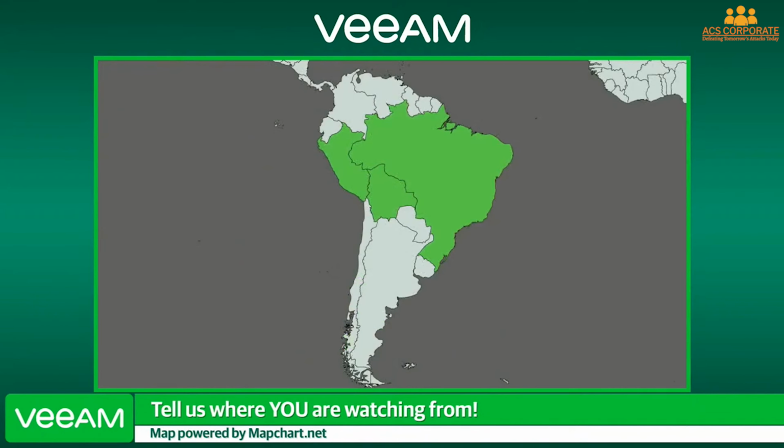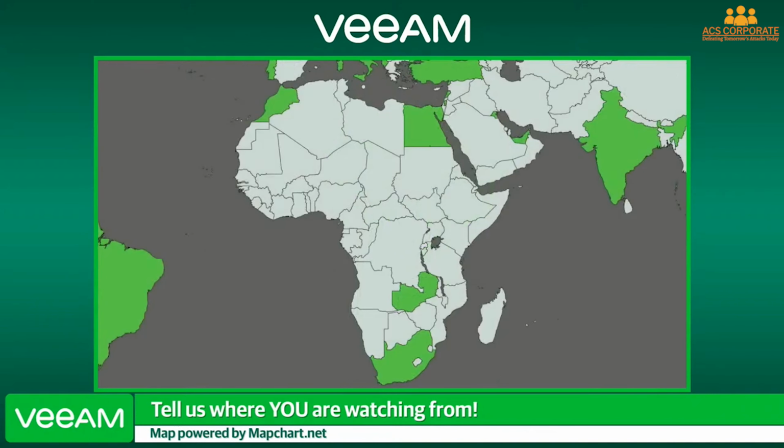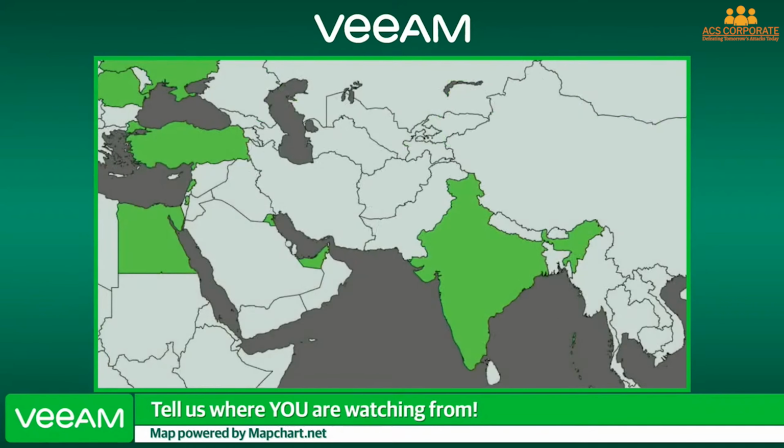We've had Peru. No, not Peru. How about Peru and Bolivia? Sorry about that. Brazil, and we already showed Mexico. Good North and South representation. Zambia, UAE, Egypt, Morocco, and South Africa, India, Kuwait. Oh man, Israel, Lebanon.